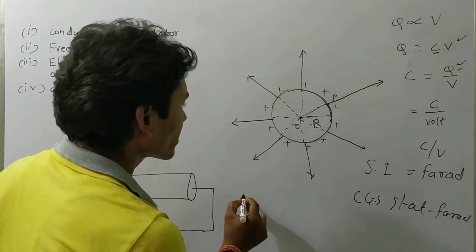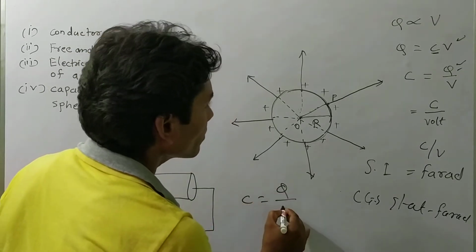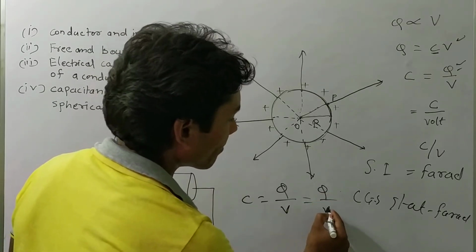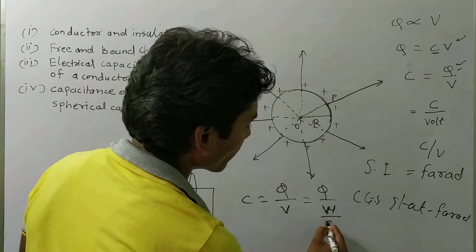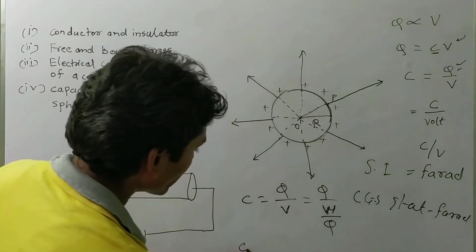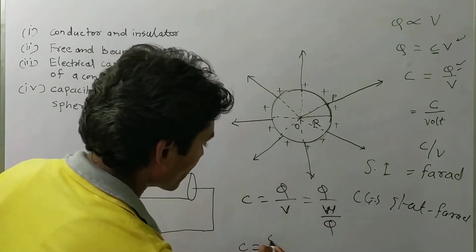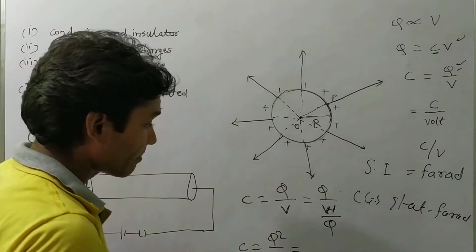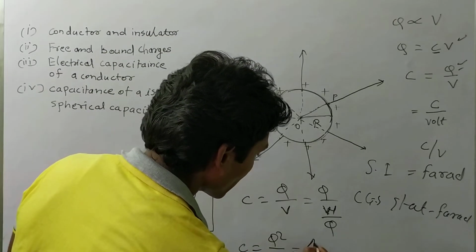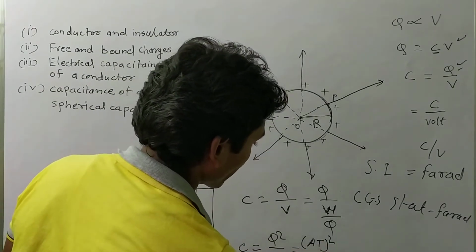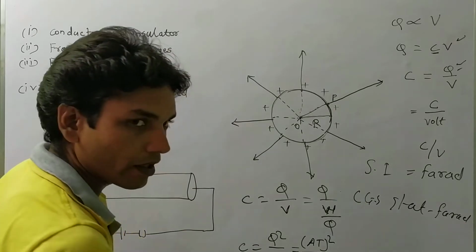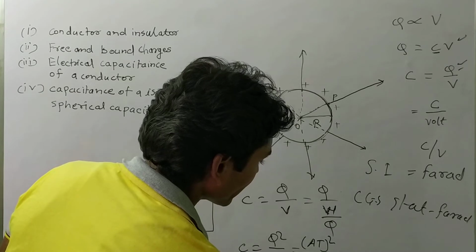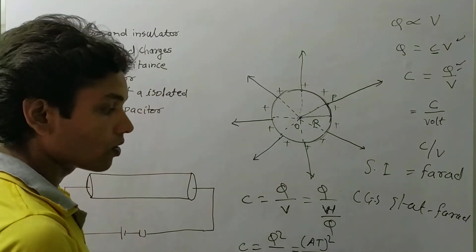Firstly, C equals Q upon V, but V equals W upon Q. So it will be Q squared upon W. Now the dimension of charge is AT, and squared. This is the work done; the dimension of work done is M L squared T to the power minus 2.